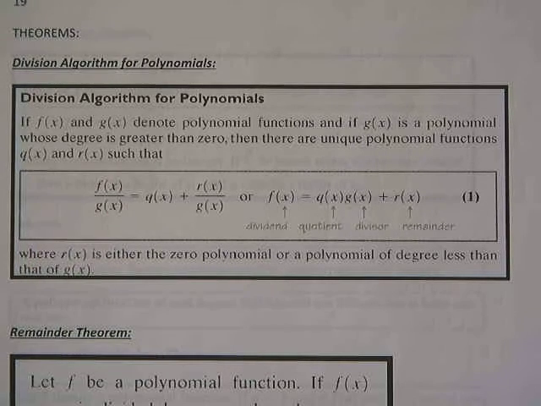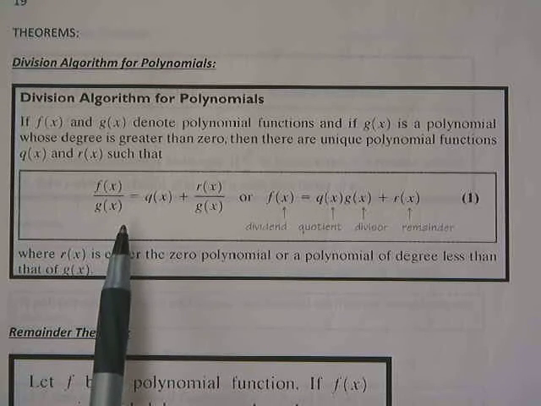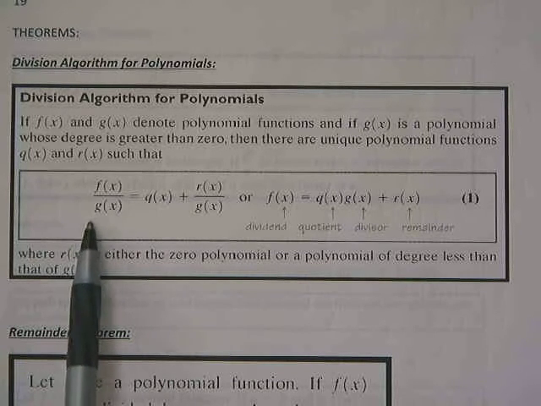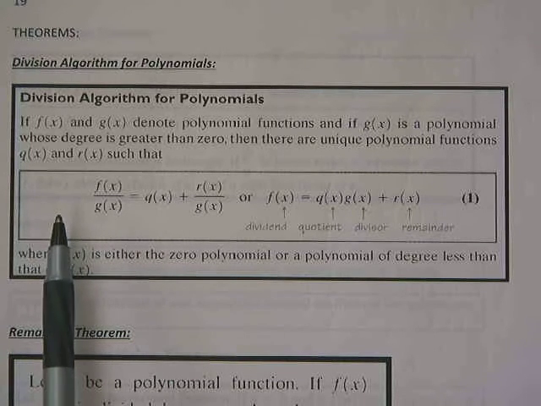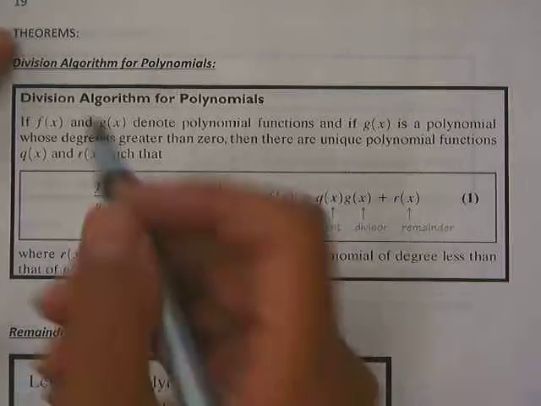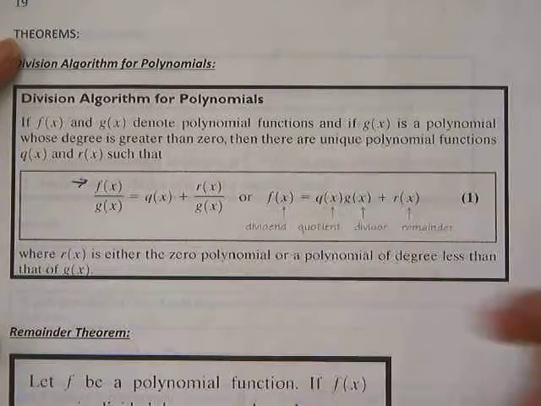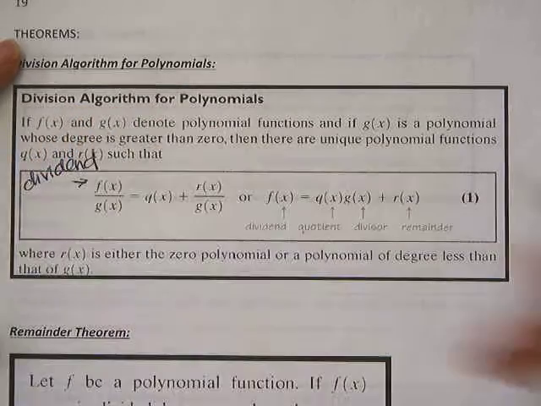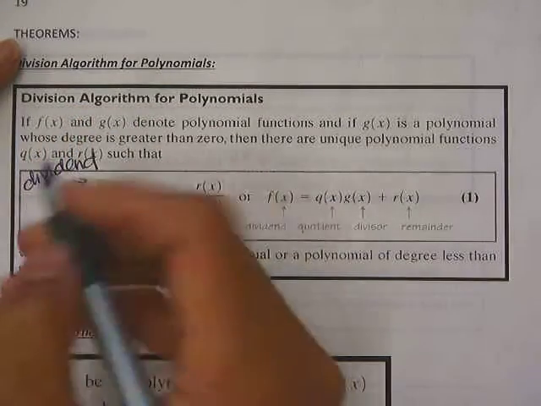So here we go. I'm taking my f of x, and then I'm going to divide by another polynomial, g of x. These are just two polynomials dividing each other. This is on the top, so remember we call this the dividend. This is on the bottom, so we call this the divisor.